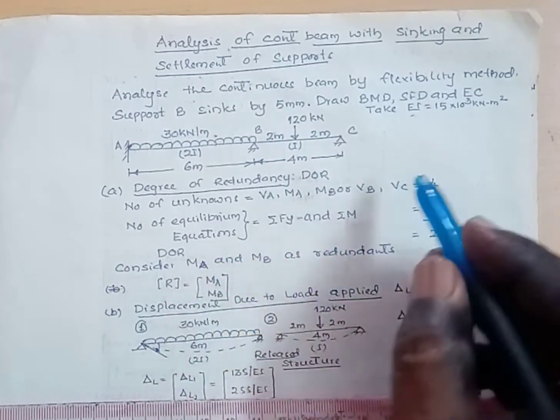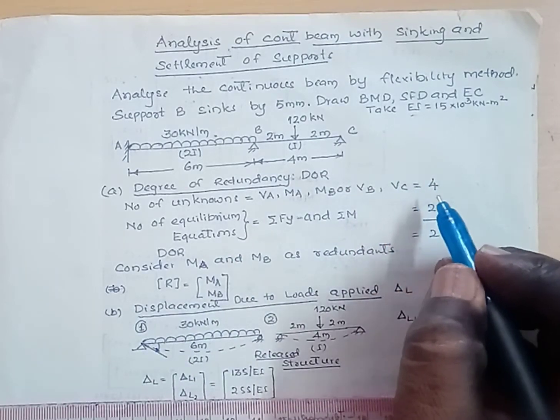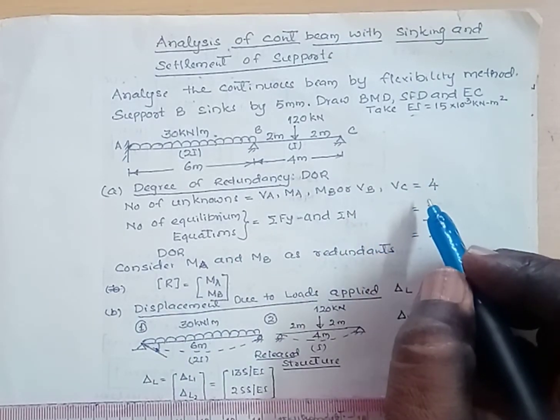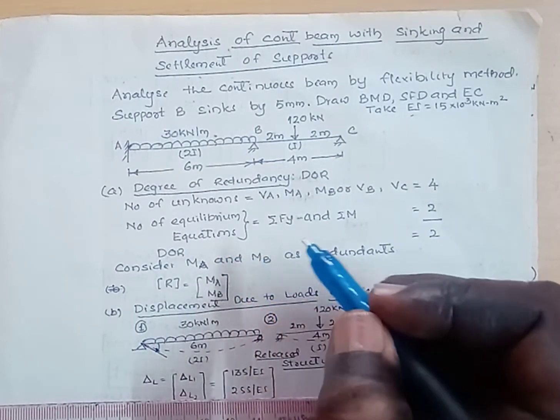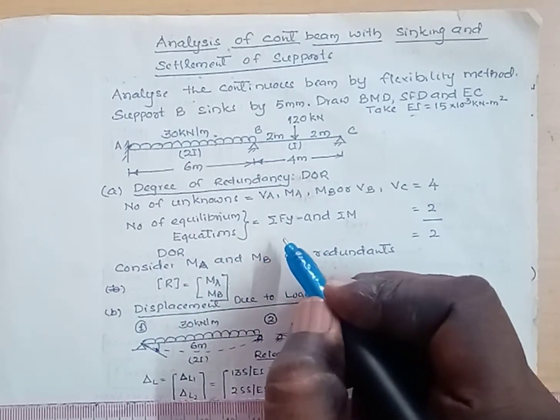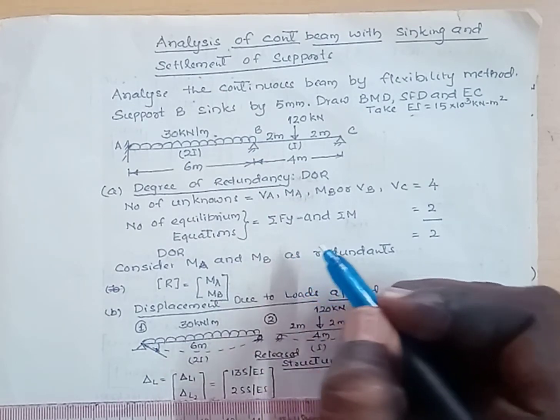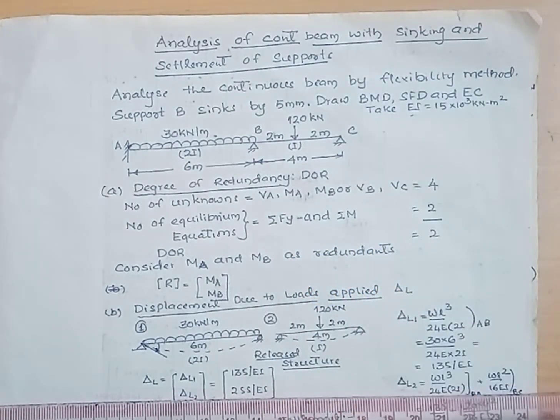Then the total number of unknowns is 4. The number of available equations of equilibrium is 2: one is summation of Fy equals 0, and the other is summation of the moments of all the forces about any point equals 0. Then the degree of redundancy is given by the number of unknowns minus the number of equations of equilibrium, that is 4 minus 2, that is 2.